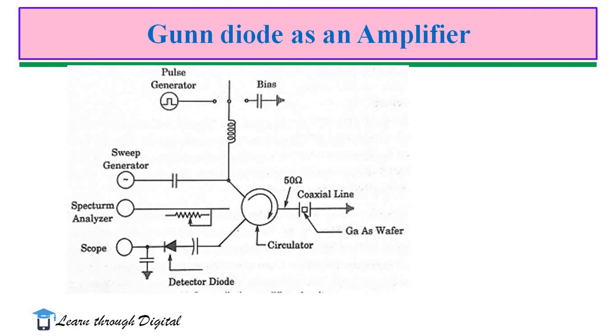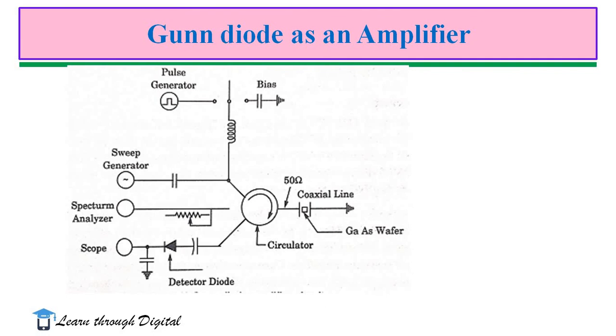utilized for amplification. In contrast to the stable amplification, the Gunn effect diode must oscillate at the transit time frequency while it is amplifying at some other frequency. The value of N0L, doping concentration times length, must be larger than 10 to the 12 per cm squared in order to establish traveling domain oscillations.